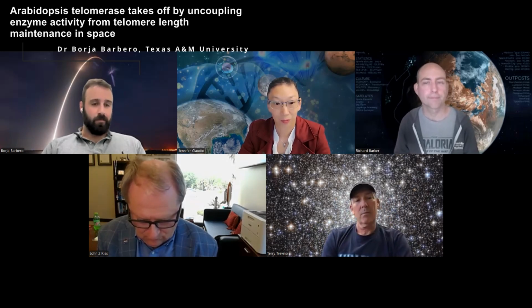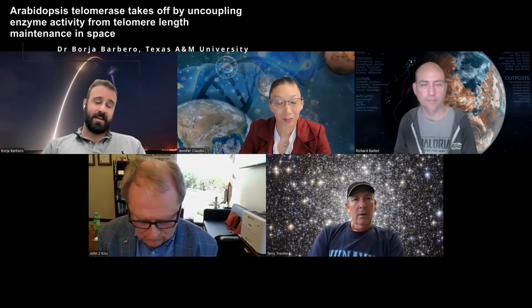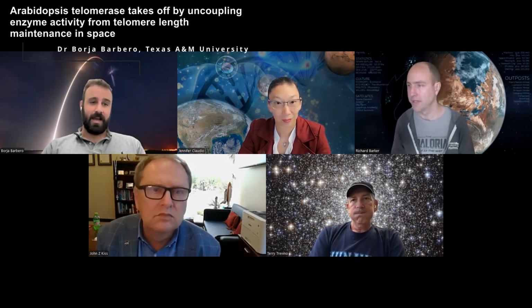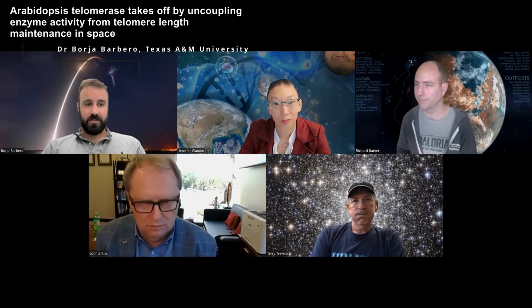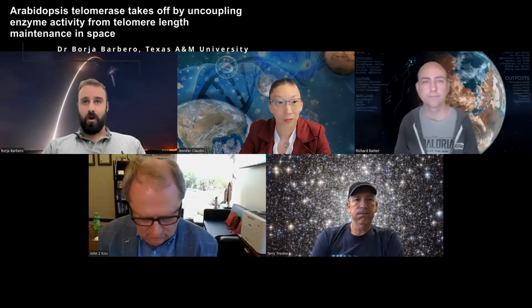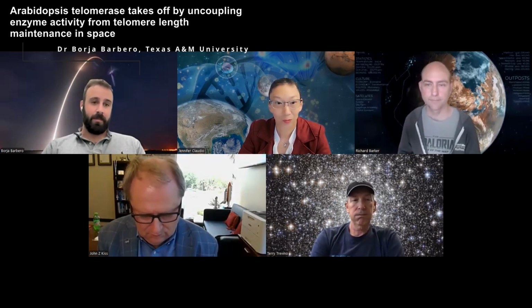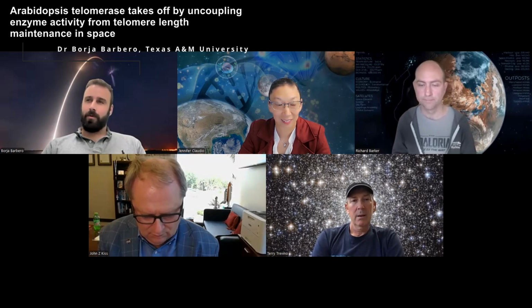And then doing some further ground experiments at Dr. Sippen's lab, we observed that that increase in telomerase activity can protect plants from genome oxidation damage. So now this led to uncovering a role of telomerase beyond telomere length maintenance in space and in protection of plants from genome oxidation.